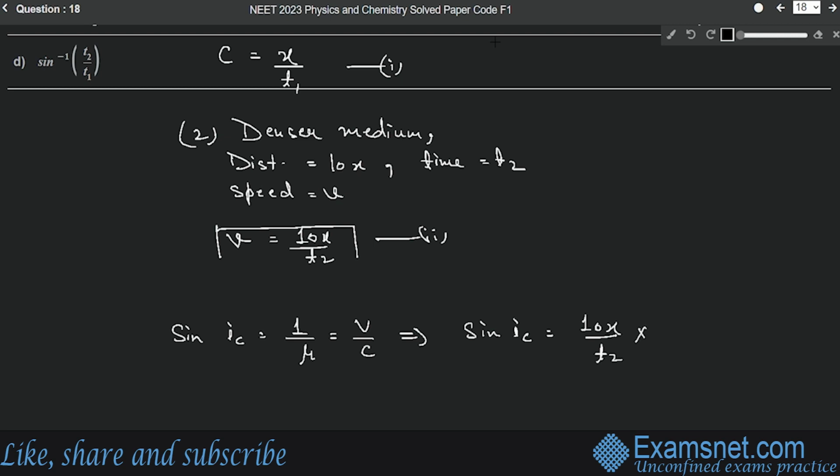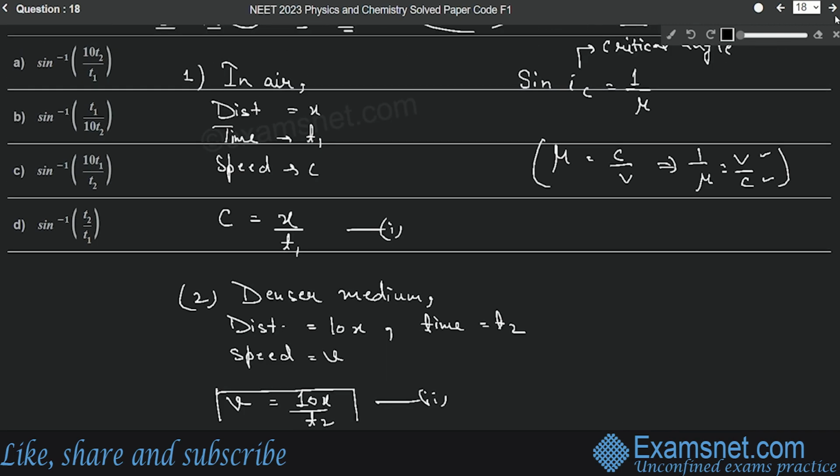So here we have to divide, so it will be T1 by x. Okay, so x cancelled. So this will be equal to 10 T1 by T2. This is sin IC. So what will be the value of IC, that is critical angle? It will be equal to sin inverse 10 T1 by T2, right? So this is the value.